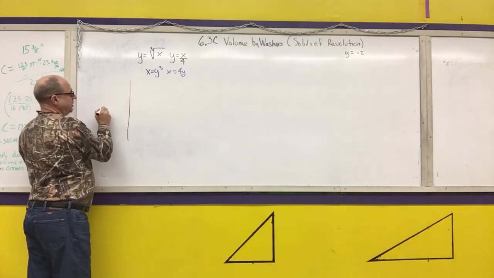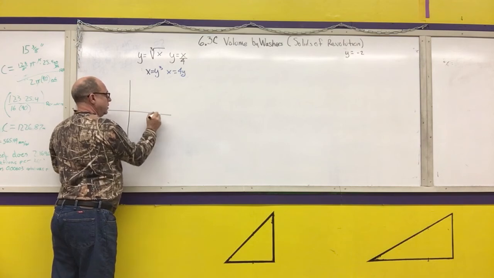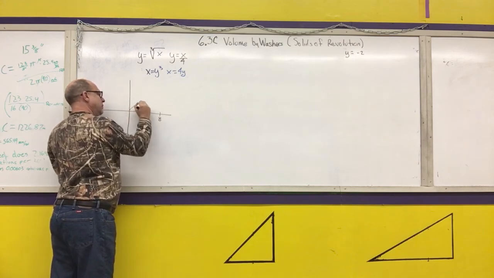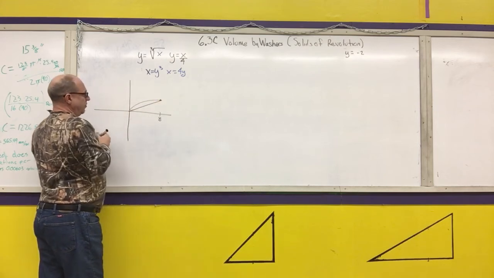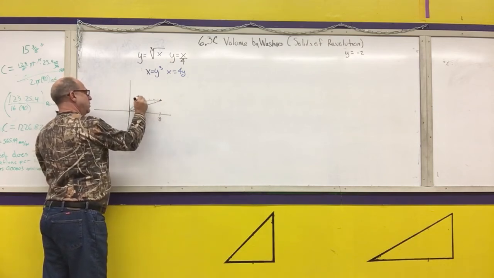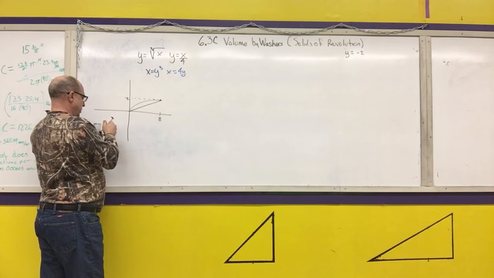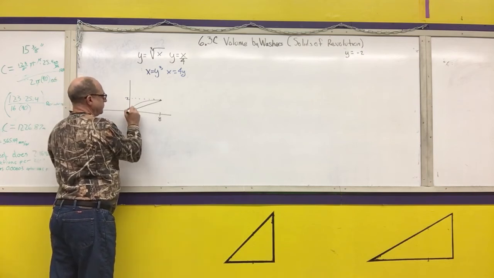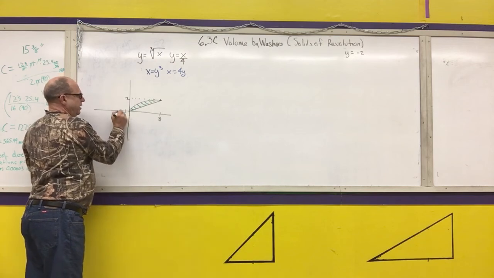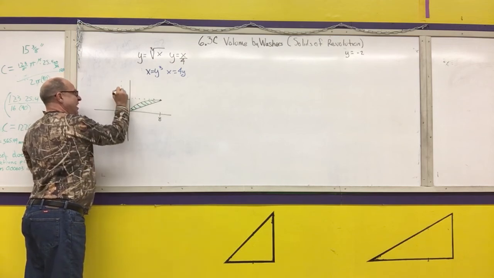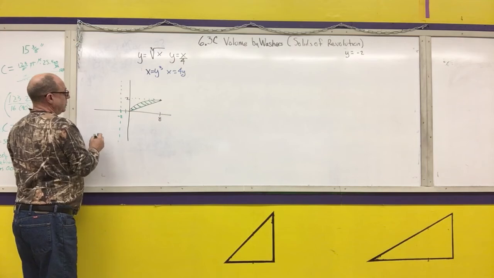So again, my first region goes out to 8. That's my original region. 2. So that's the region I'm revolving. I'm now revolving it along the line y equals -2.